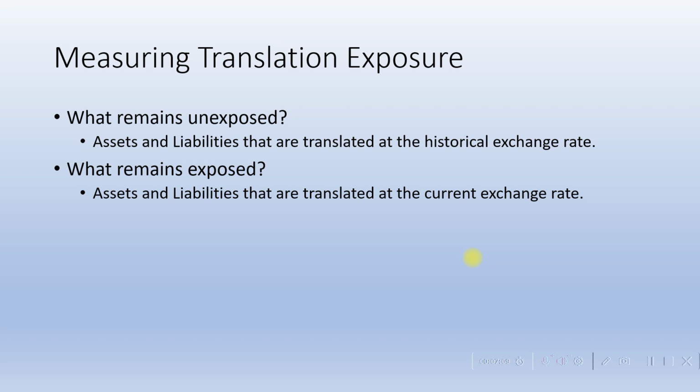What remains unexposed are assets and liabilities that are translated at the historical exchange rate, and what remains exposed are assets and liabilities that are translated at the current exchange rate. This gives way to our definition that translation exposure is the difference between exposed assets and exposed liabilities.